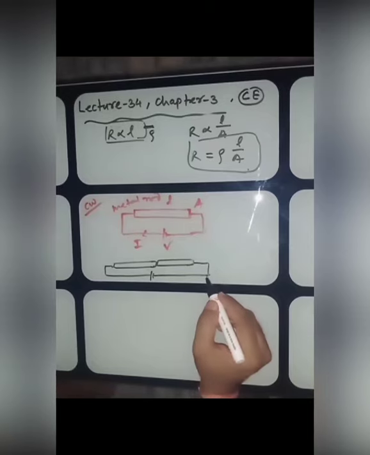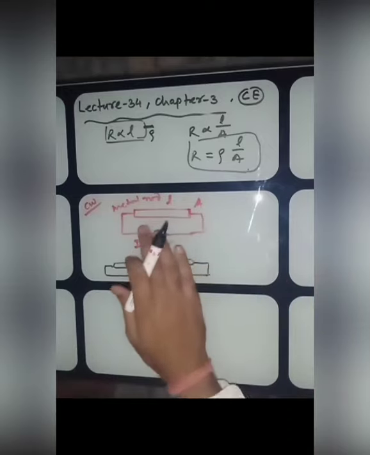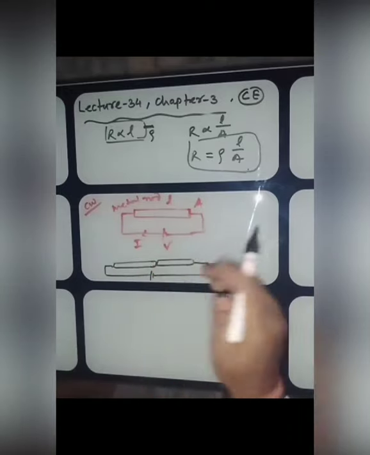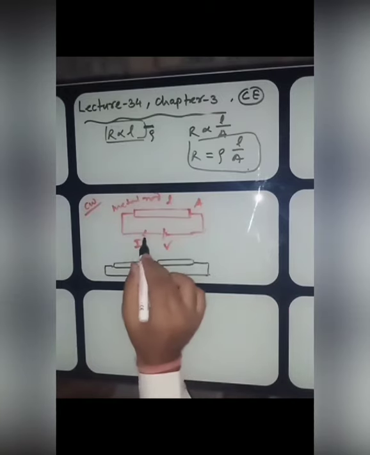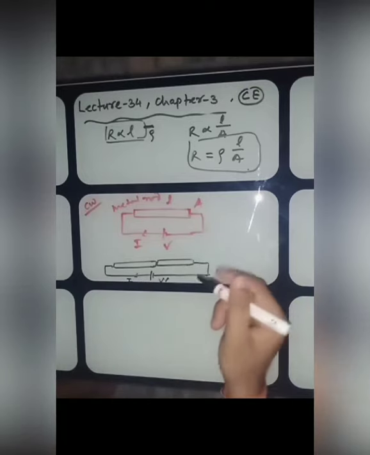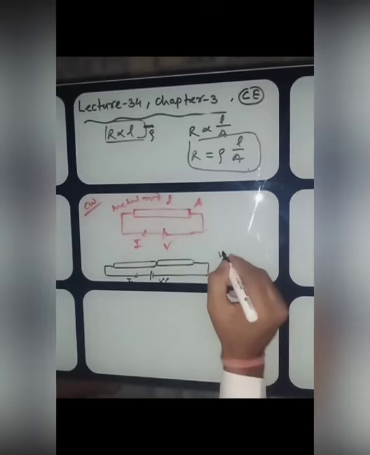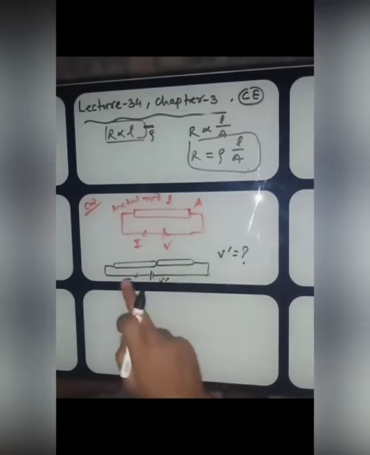Now the question, which is very important: remember, it is cut parallel to the length and then connected with the source. We don't know the value of the source, but here the current is I, and here the current is again I. Now, what should be the value of this voltage V dash to maintain the same current?